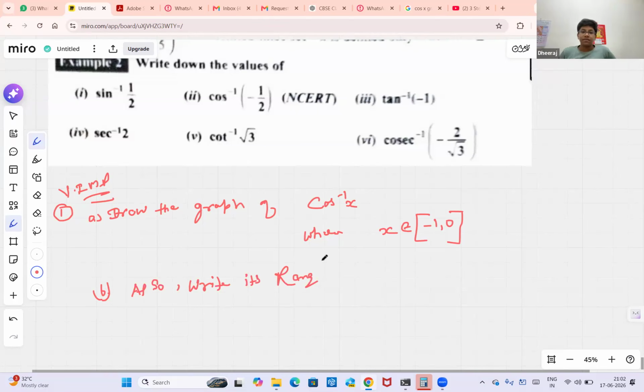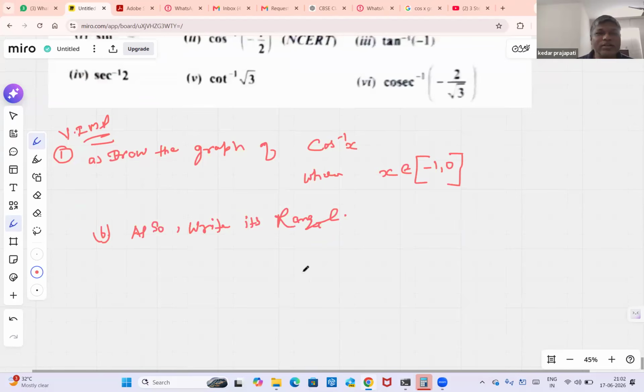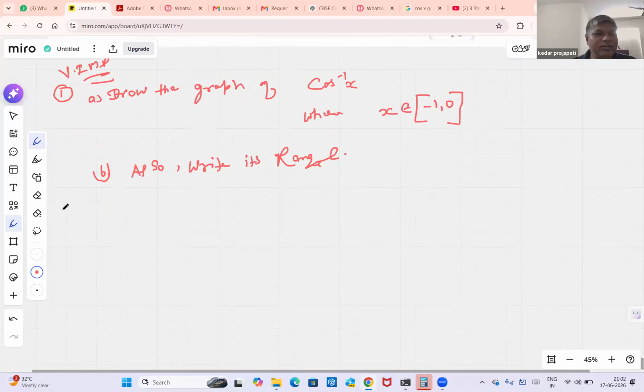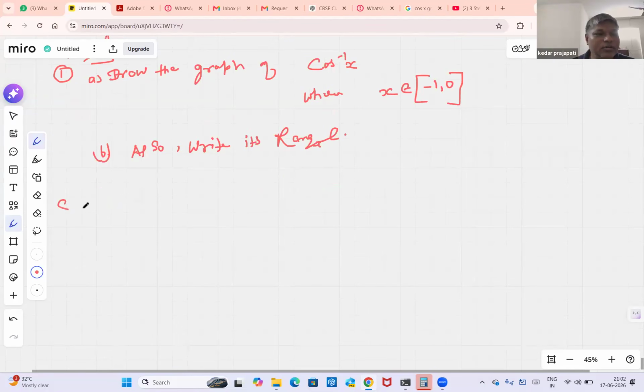So let us think, how will we do this? We know how to draw the graph of cos inverse x, right? So you should write like this. Solution: let y equal to cos inverse x.